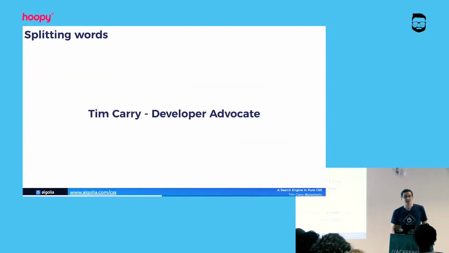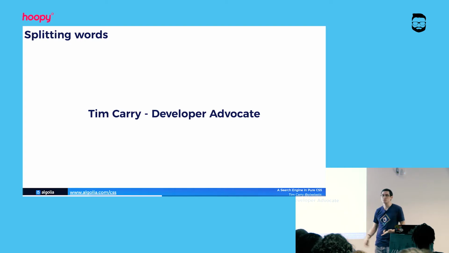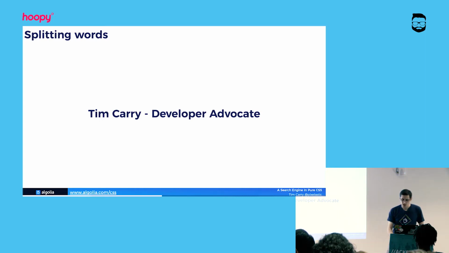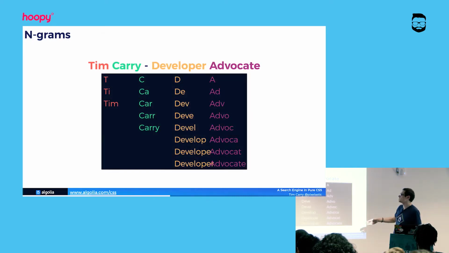And in my case, I wanted people to be able to find employees based on their first name, last name, and job title. So it means if they search for Tim or Kerry or developer or advocate, they should be able to find me. It means I have to split that into different words and split those words into what are called n-grams.